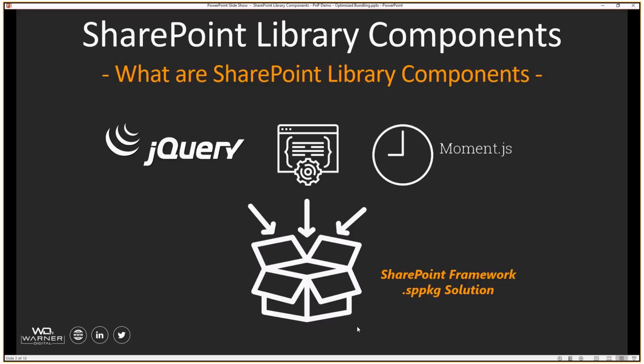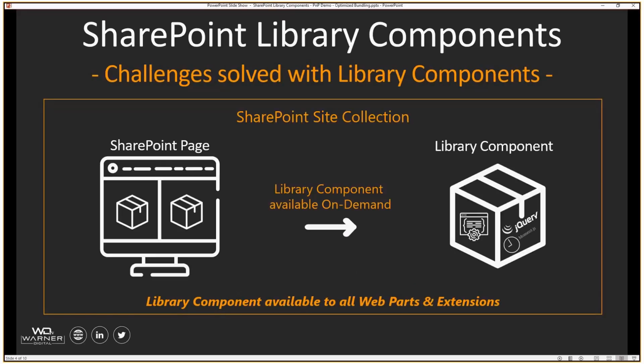And so you can put them into a singular package file, which we can see down here, that can be deployed just like we would an extension or a web part, and access it from those extensions and web parts. So in the end, what benefit does it provide? Well, within a SharePoint site collection, here on the left, we have our SharePoint page, and these little boxes may represent our web parts or extensions, and they may need to access our library.